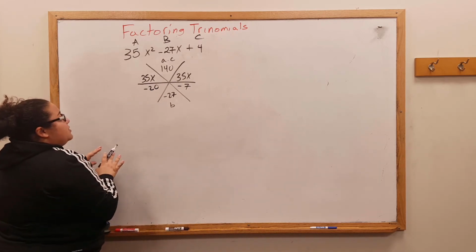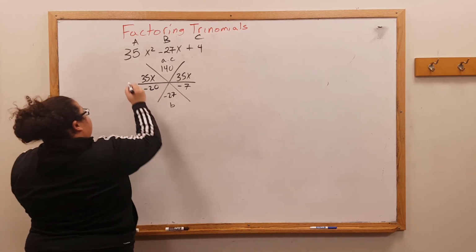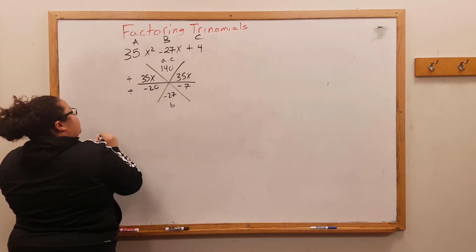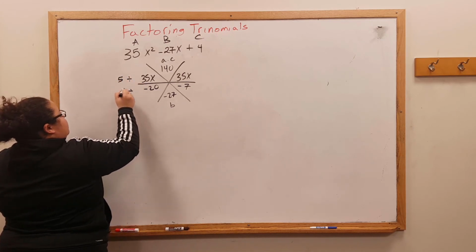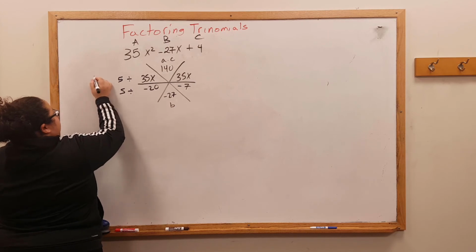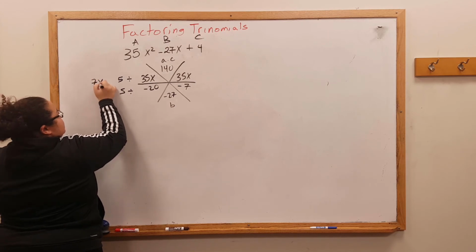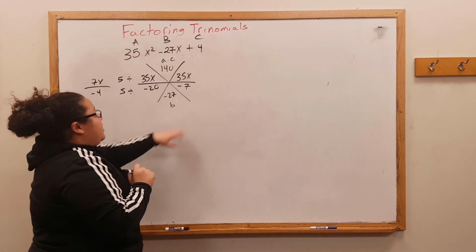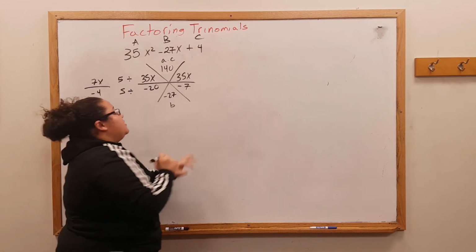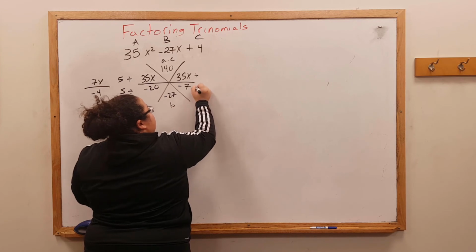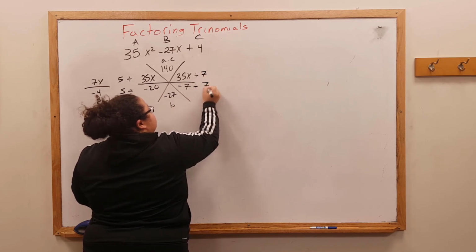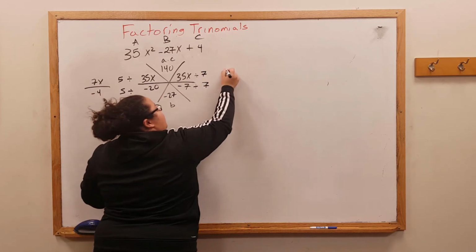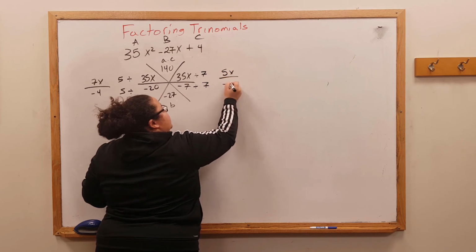Now, all we have to do this time is simplify again. With 5 on this side, you're going to get 7x over negative 4. And then on this side, we're going to divide it by 7, and you're going to end up with 5x minus 1.